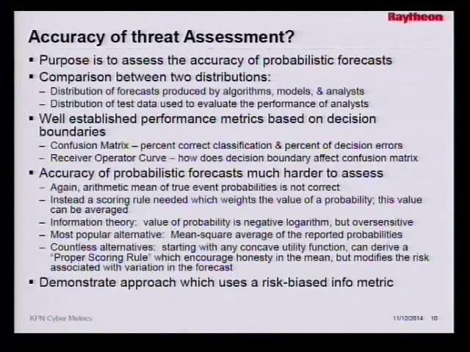So now what I want to do is apply this to how we would assess how good our forecasts are if we're reporting probabilities on a threat. The typical process is that we develop a confusion matrix about how often we reported the correct classification on that threat.